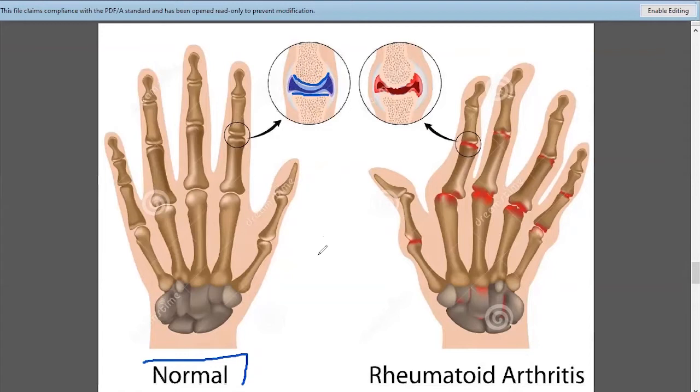So that's what our normal joints are like, like the picture here. This side is the normal joint. You can see the surface very smooth there. Yeah, very clear.